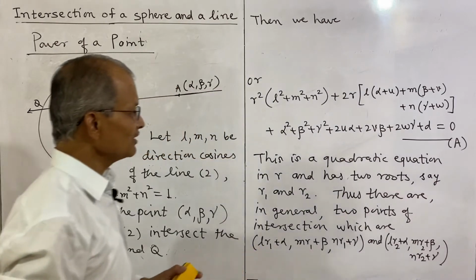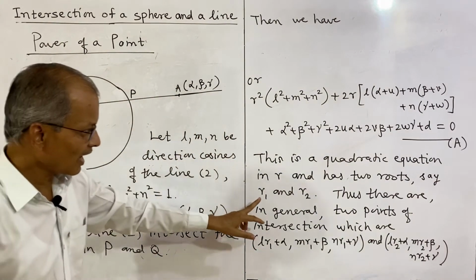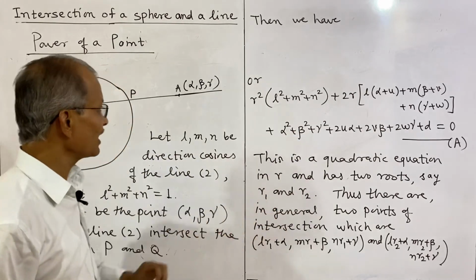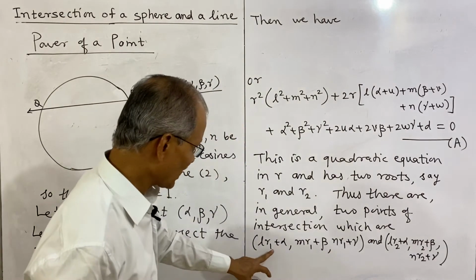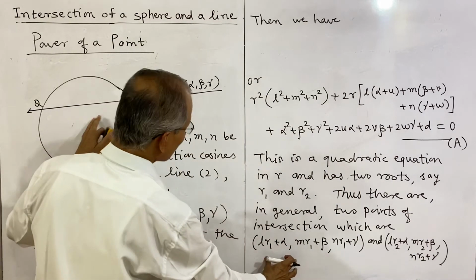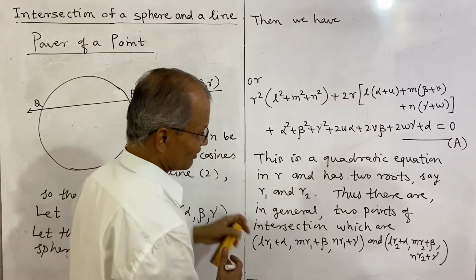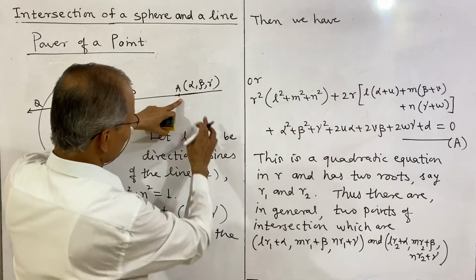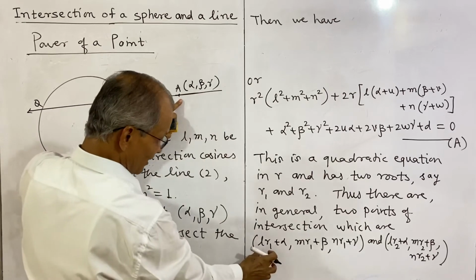We have AP is r1 and AQ is r2, because there are two roots of this equation A, and this gives the values r1 and r2. If you consider these are the 2 points, we have written l r1 plus alpha, etc. So if the coordinates of P are this, then what is the distance between A and P? If this point is P and we have written this point as Q, then what is the distance AP? That is r1, because l r1 plus alpha minus alpha means l r1.